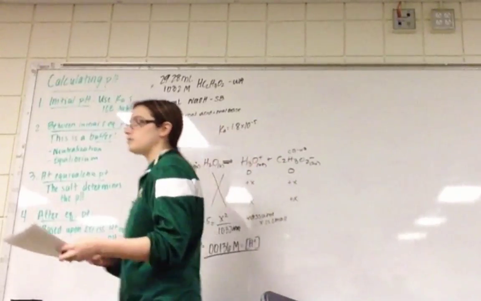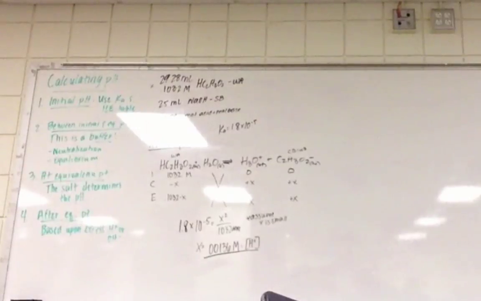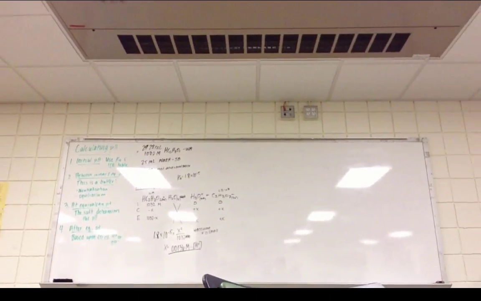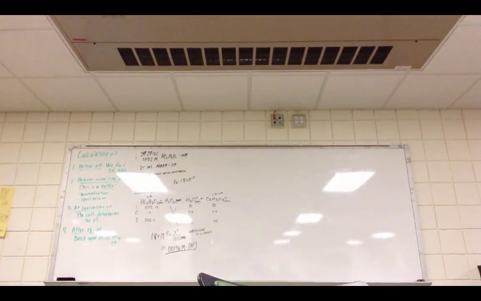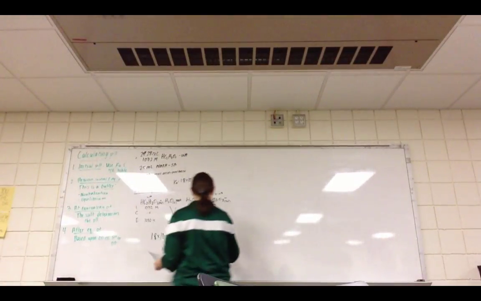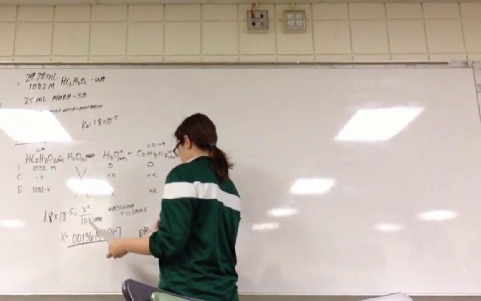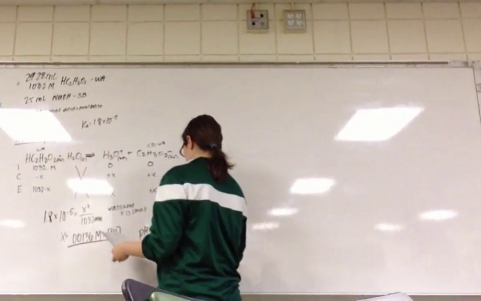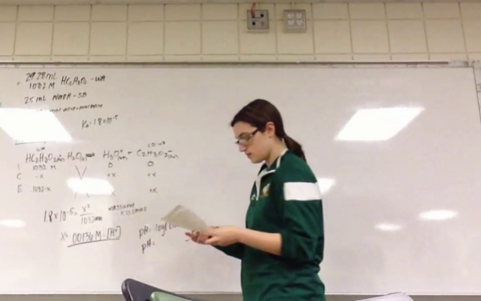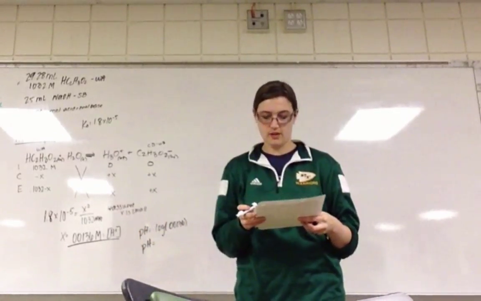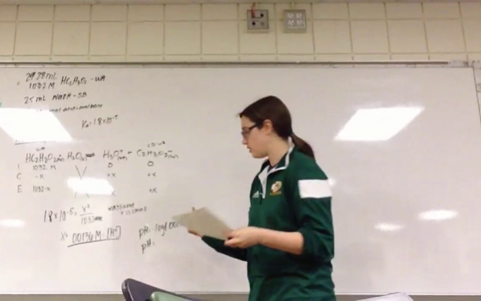So I got 0.00136 molar, and X is H+. Thank you. Nice catch. So here's X, and X represents H+. How do I find the pH now? Negative log. Negative log of 0.00136. And what do we get for our pH? 2.87.